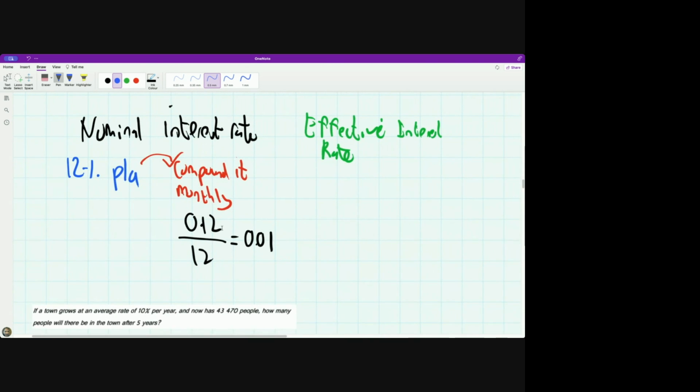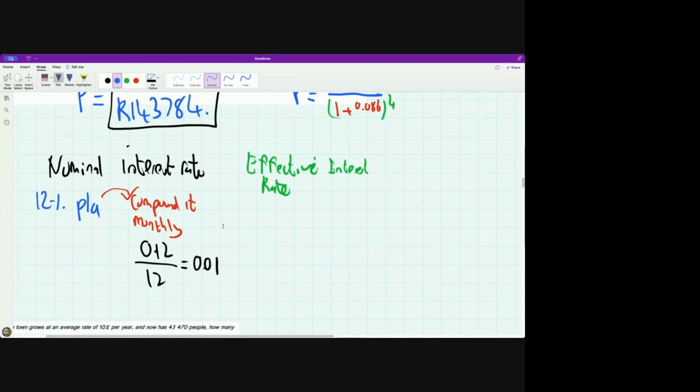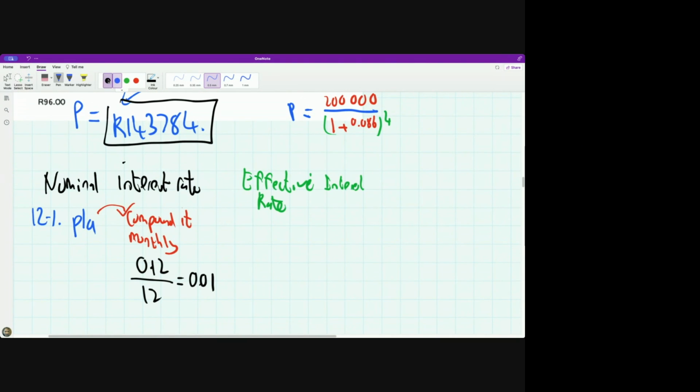Now that sounds like a mouthful, so I don't want you to worry about that too much in terms of words, but I want you to understand the formula that I'm going to give you to help you understand what the effective interest rate is. The effective interest rate is often written as i with a lowercase eff, and it will be 1 plus i nom, the nominal rate, divided by the number of pieces you're splitting it into.